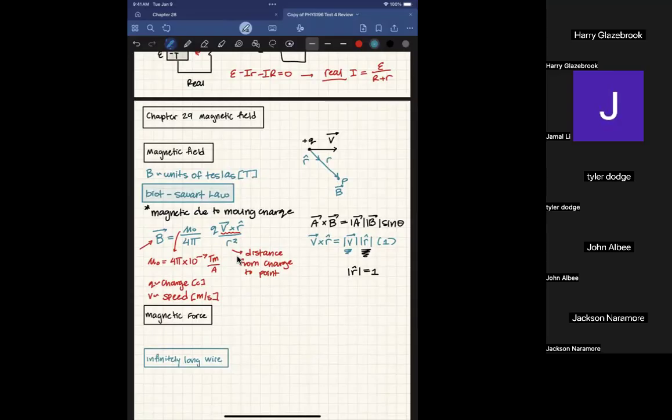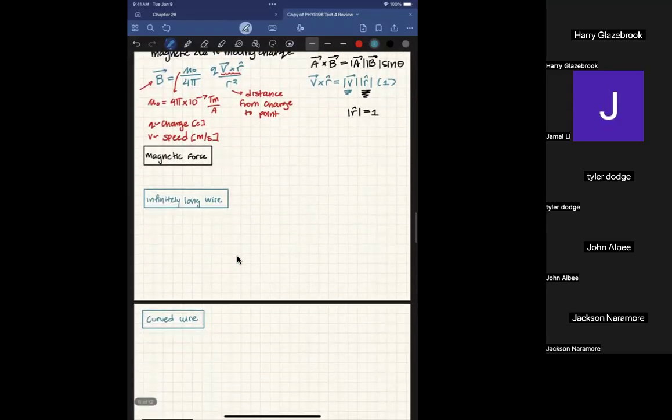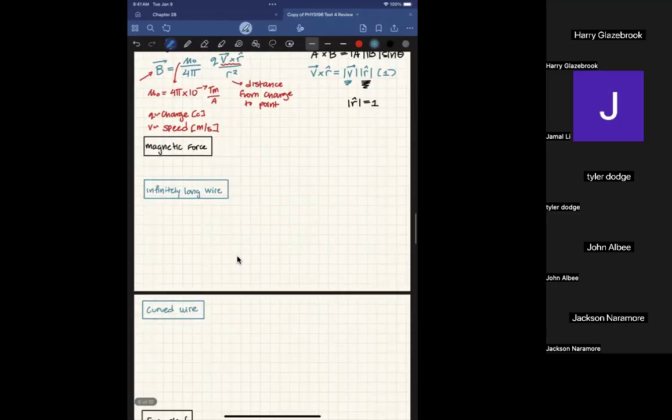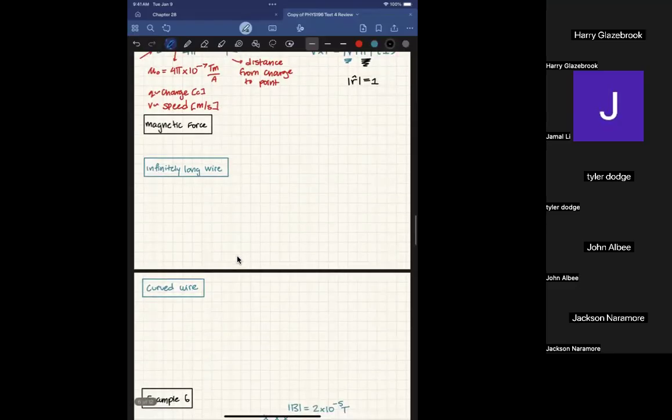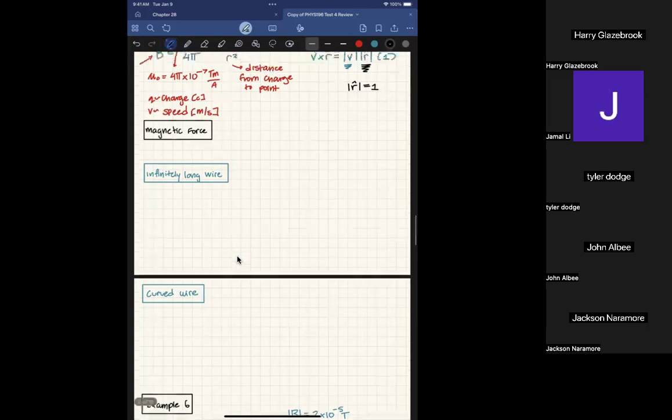The rest of the equations I'm going to give you are basically just the magnetic field in certain geometries. It's very similar to when we did the electric field of certain geometries, like the electric field from a sphere, the electric field from a wire. It's very similar to that, but now we're going to talk about magnetic fields.